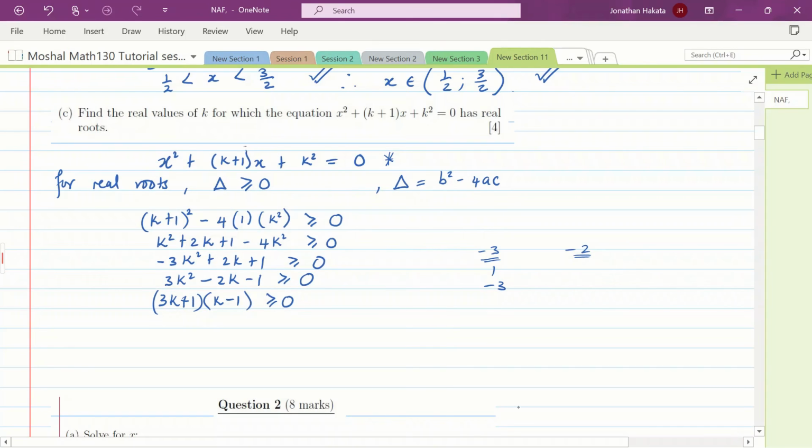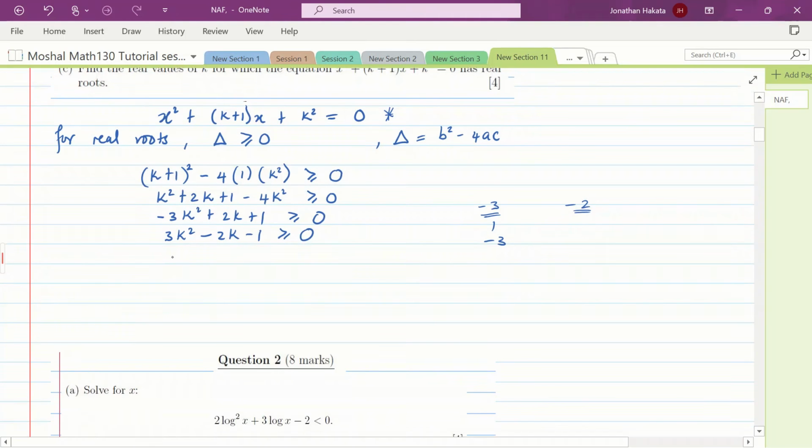Okay, so maybe I don't want to confuse you. Let's do the appropriate thing. So I would say 3k squared and rewrite this negative 2k as plus k minus 3k, minus 1.